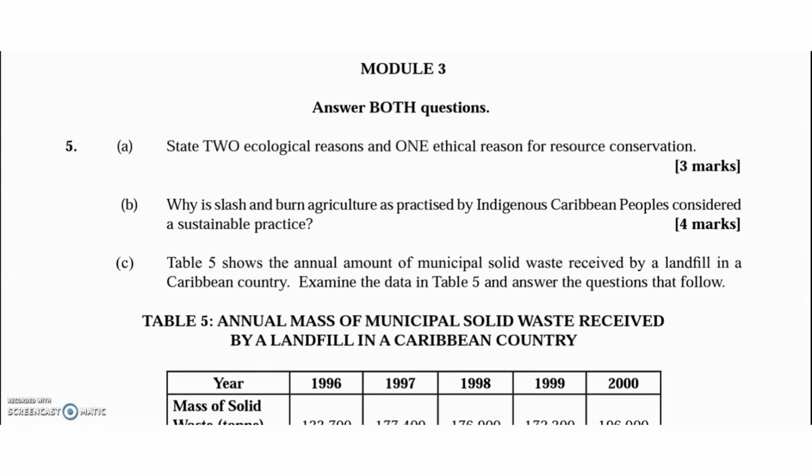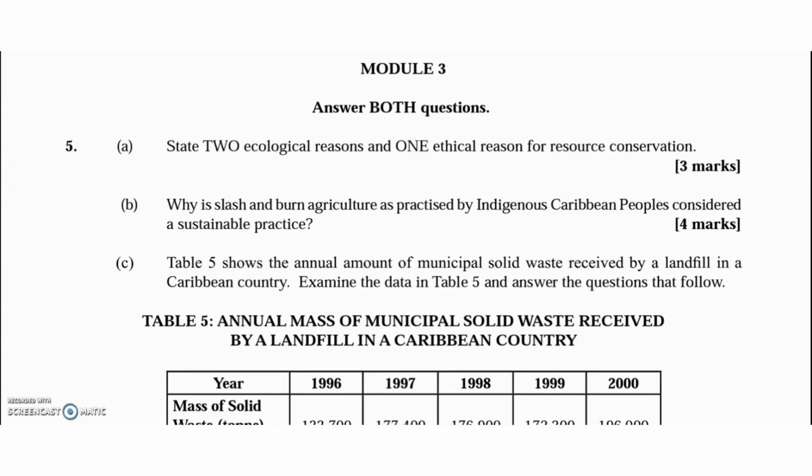Secondly, another ecological reason is that if resources are conserved, biodiversity would essentially be stabilized or maintained and would not be subjected to critical decline.